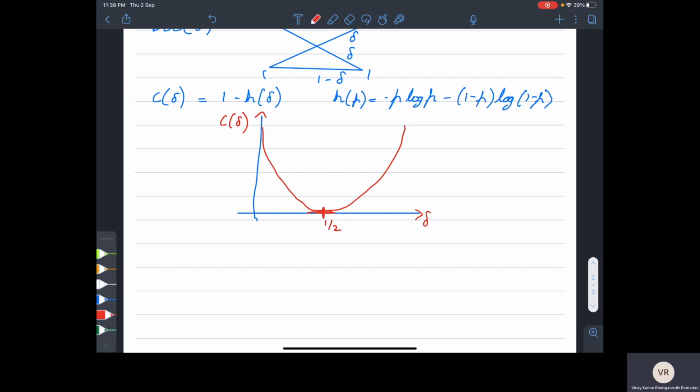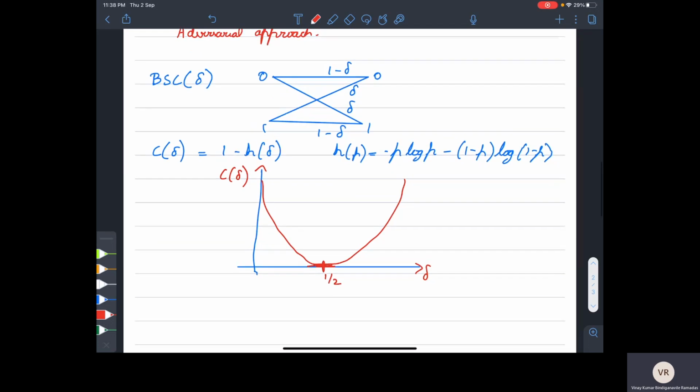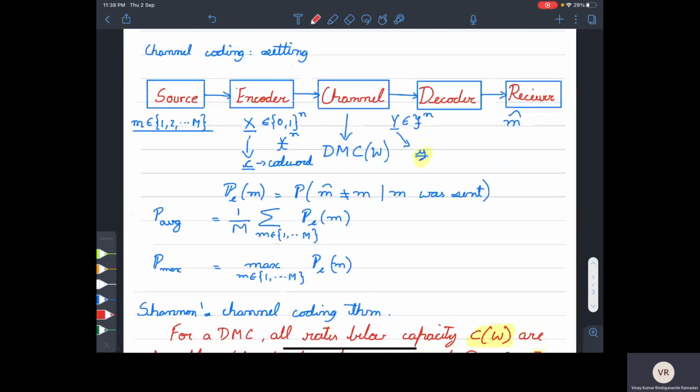Okay, so with this background, let's see what should be done. The basic aim in error correcting codes is to come up with these code words, these mappings, encoder and decoder mappings, so that the errors that occur in the channel can be corrected, and this can be done in an efficient manner.